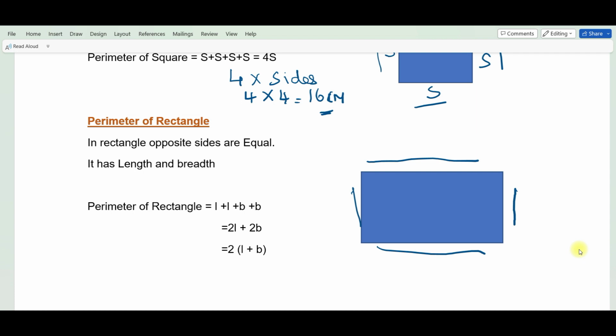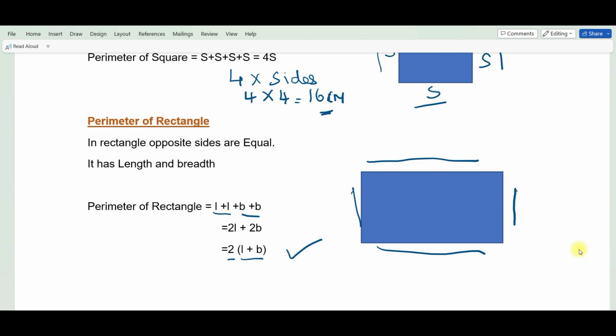That is how I've written here. So I can write it as 2 length plus 2 breadth. I've just simplified it as 2 and open the bracket, length plus breadth. So this is how you can find the perimeter of a rectangle.